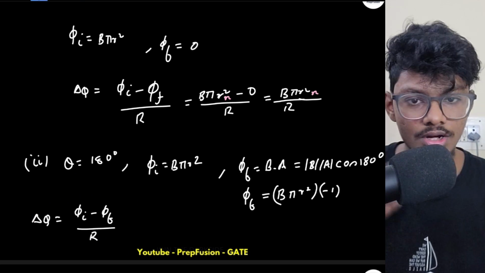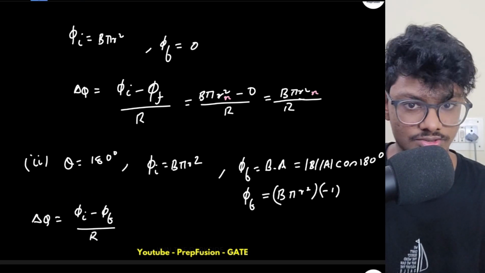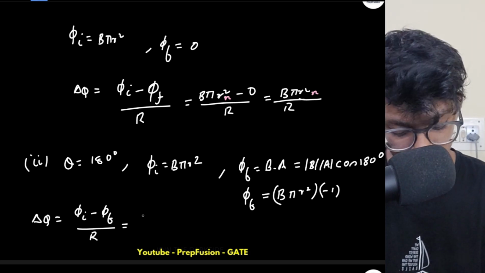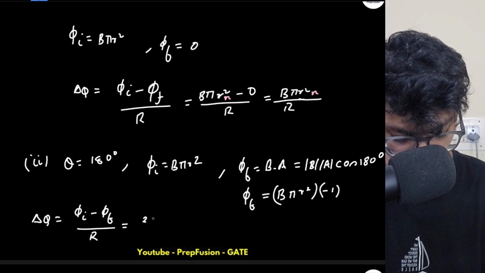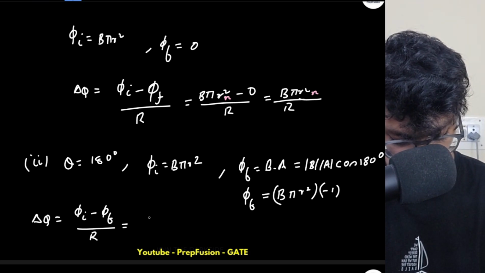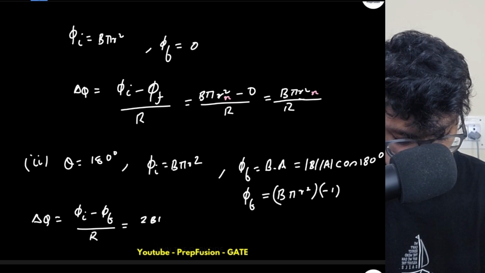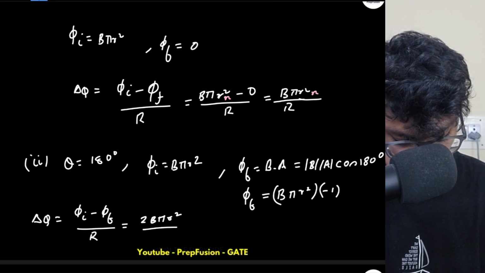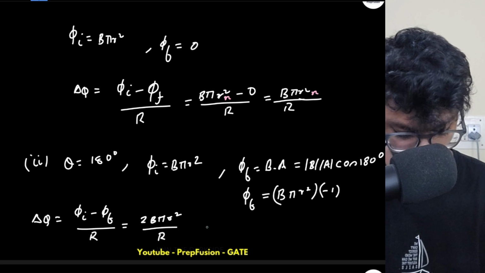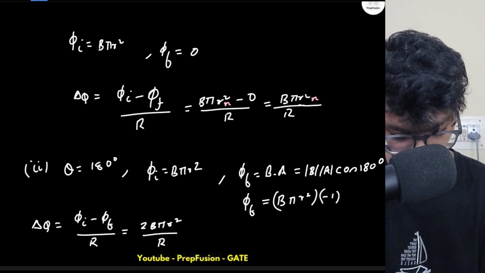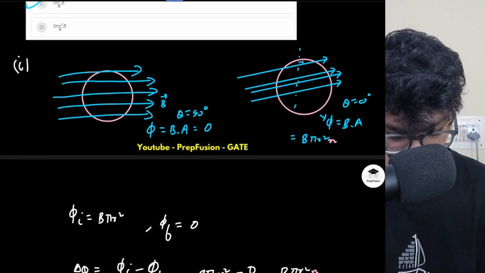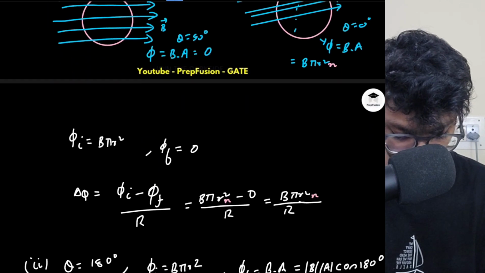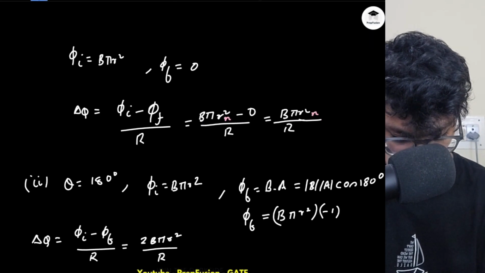I am telling you to derive all this in the examination hall itself. So this will be 2 B pi r square divided by R. Your total charge will be twice B pi r square, so option D will be the correct answer.